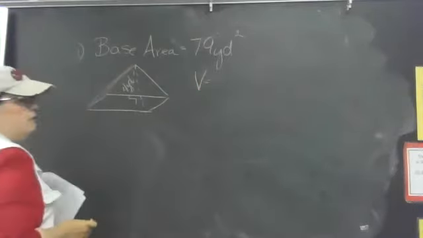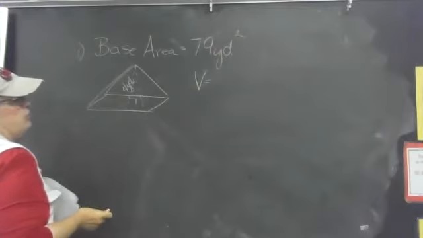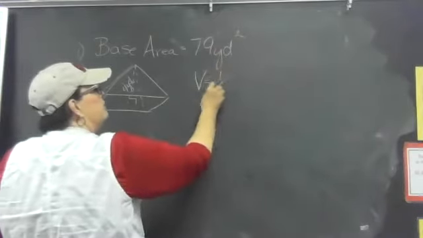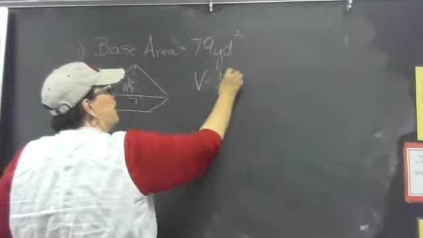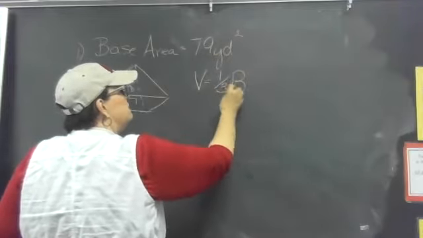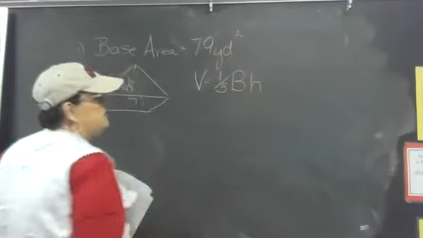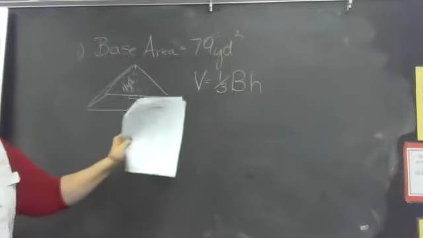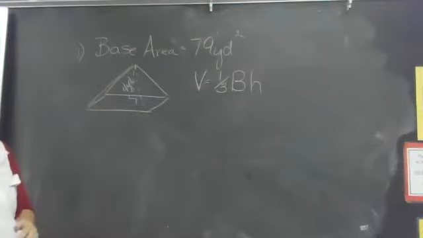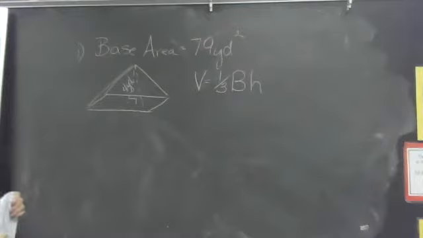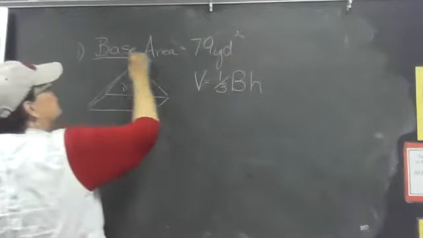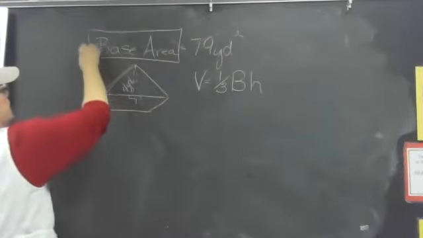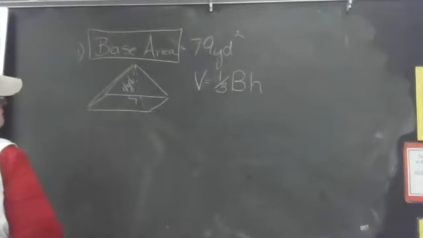So the formula for this off your formula chart is 1/3 times the area of the base times the height, okay? That's how it's listed on your formula chart, right? It's not divided by 3, okay. All right, so in this case, they have already given you the area of the base. We didn't have to figure it this time.